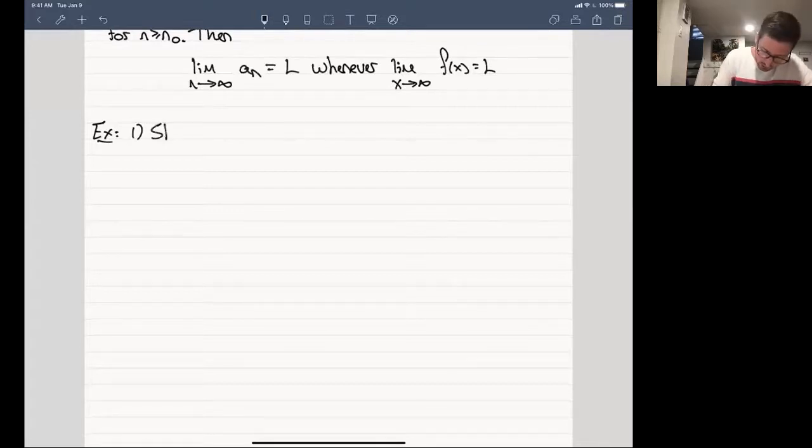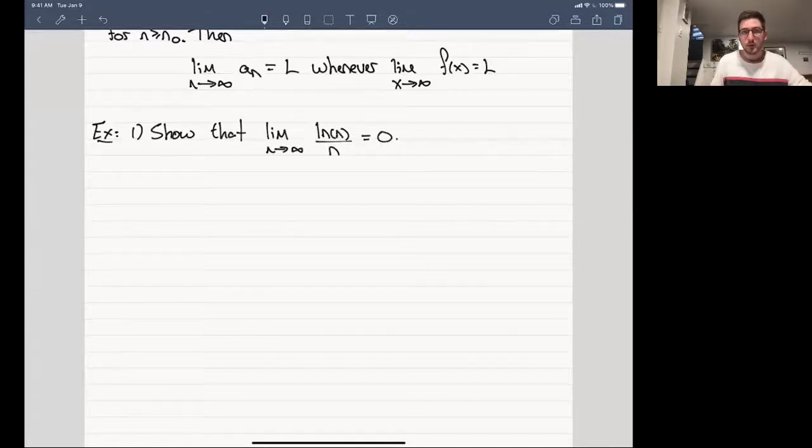So let's show that the limit as n goes to infinity of ln of n divided by n is equal to 0. Well, we can set f of x equal to ln of x divided by x.